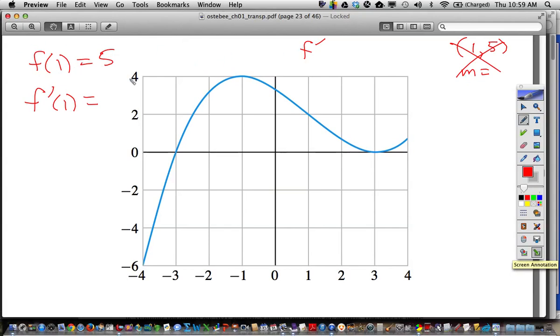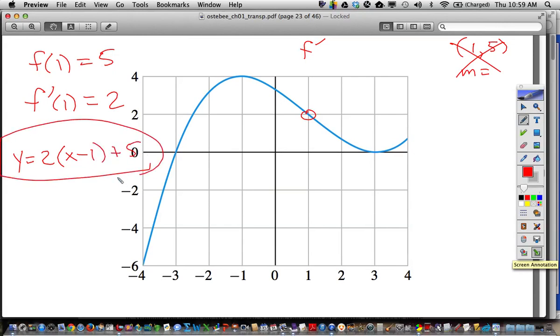So what I need is a point at 1, which there it is. They gave it to me. And I need the slope at 1. Don't we just read it right off the graph? Yeah, this is the f prime graph. So this y value is the slope on the f graph. So that's 2. So there's my point and my slope. So I got y equals 2 times the quantity x minus 1 plus 5, and I stop right there. So it is a very easy problem.